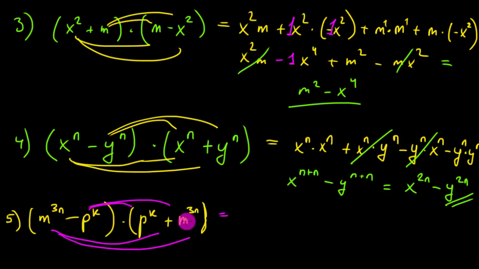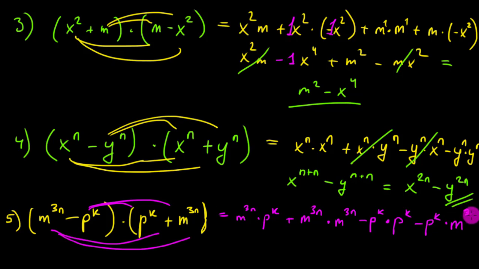So here you have m to the power of 3n times p to the power of k, and then m to the power of 3n times m to the power of 3n, and then minus p to the power of k times p to the power of k, and then minus p to the power of k times m to the power of 3n.